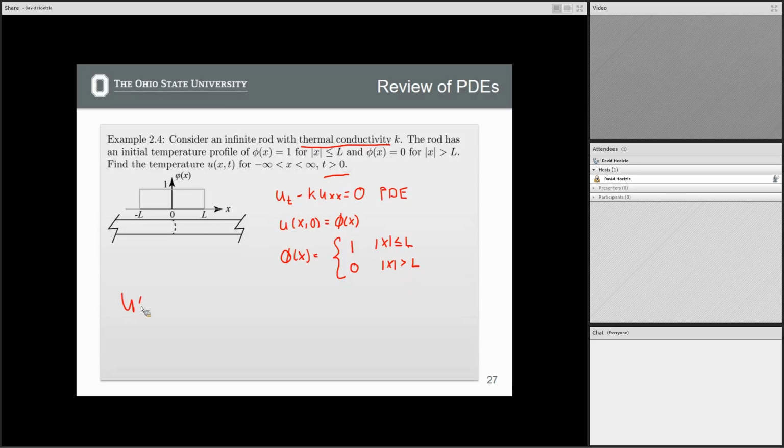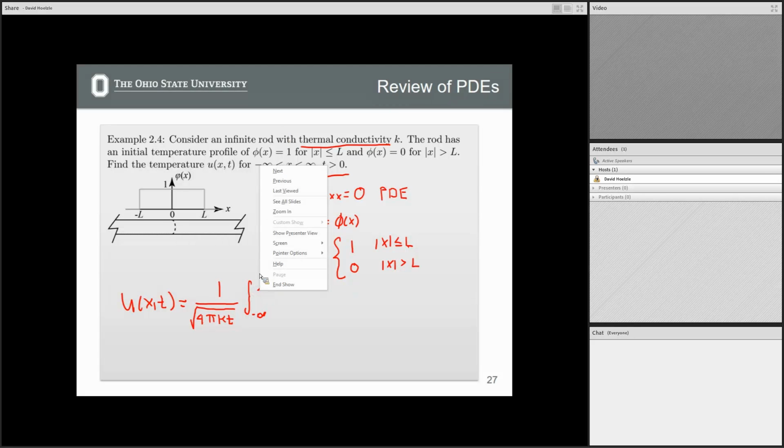So u(x,t) is equal to 1 over square root of 4 pi kt, integration from negative infinity to infinity, e to the negative (x minus y) squared over 4kt.